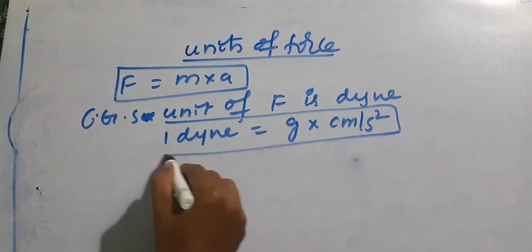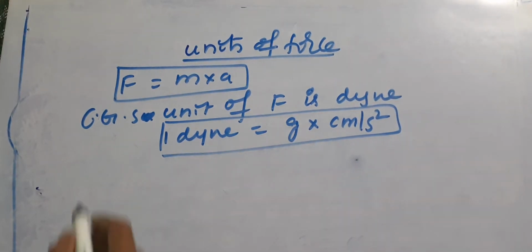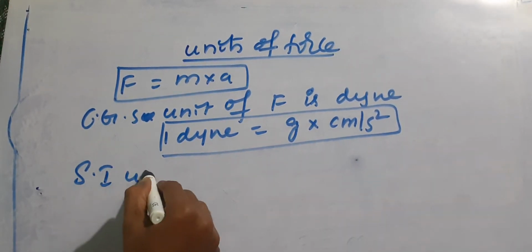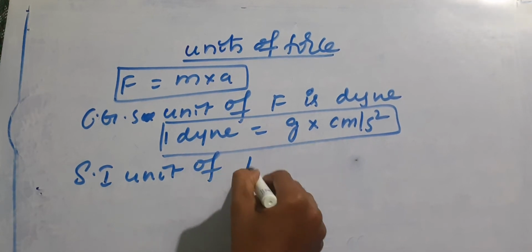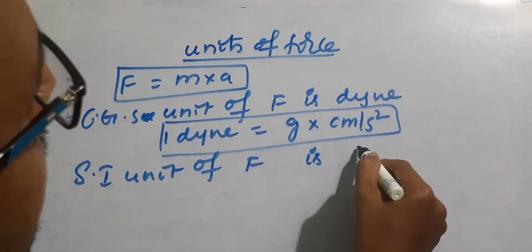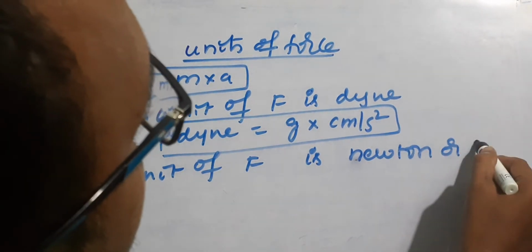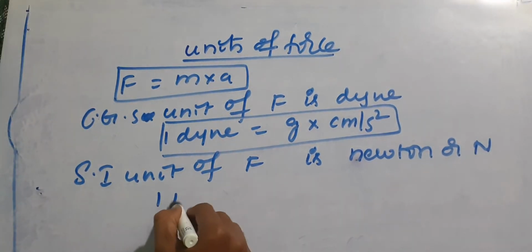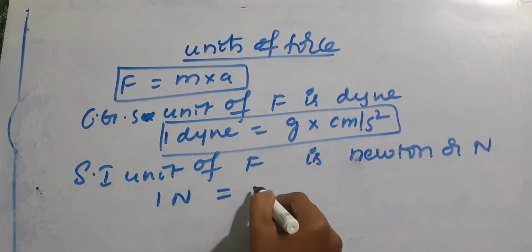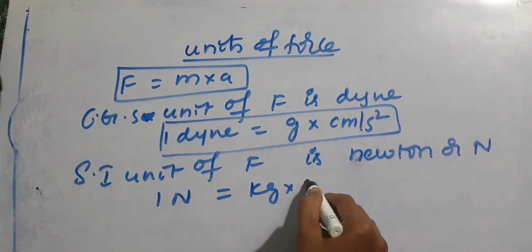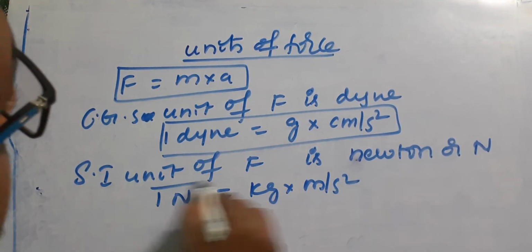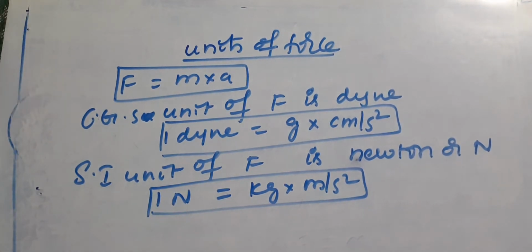One dyne is equal to gram into centimeter per second square. The SI unit of force is Newton. So 1 Newton is equal to mass in kilogram and acceleration in meter per second square. So Newton is equal to kilogram meter per second square.